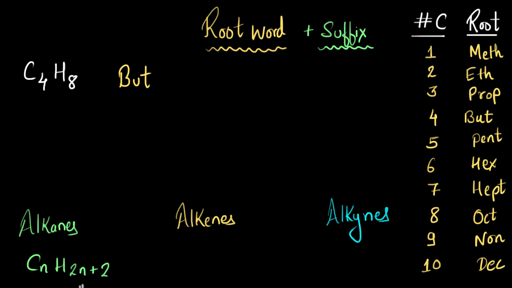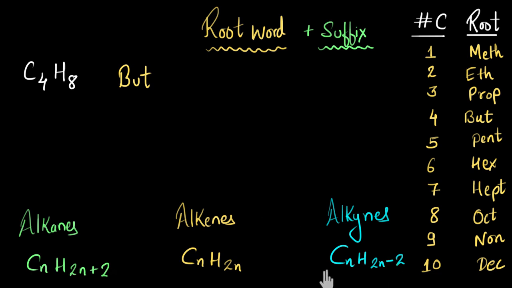Meaning all alkanes, their hydrogen atoms will be twice plus 2 the carbon atoms. For alkenes, their general molecular formula was CnH2n, meaning all alkenes will have twice the number of hydrogen atoms than the carbon atoms. For alkynes, their general molecular formula was CnH2n-2, meaning the hydrogen atoms will be twice carbon atoms minus 2. Okay?